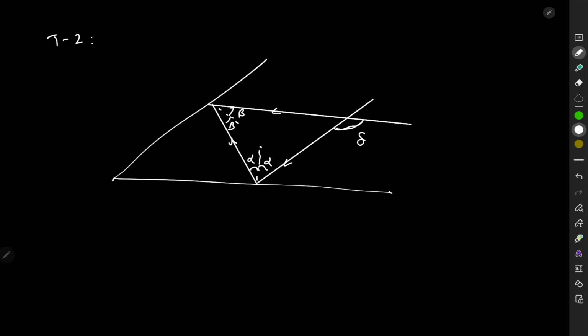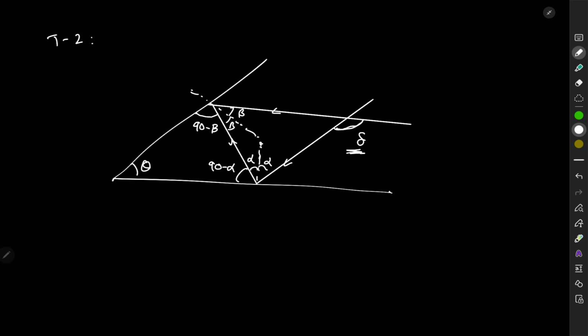Okay, so we know that this is the normal, right? This is normal and this is also normal. So can I tell this angle is 90 minus beta? Similarly here, can I call this 90 minus alpha? Yes, right? So this will be theta, fine. So how to find this angle?